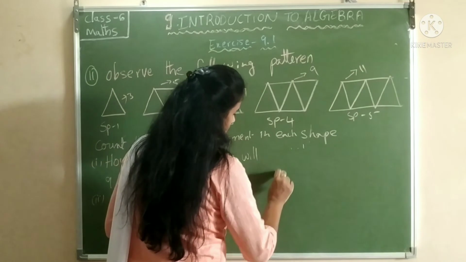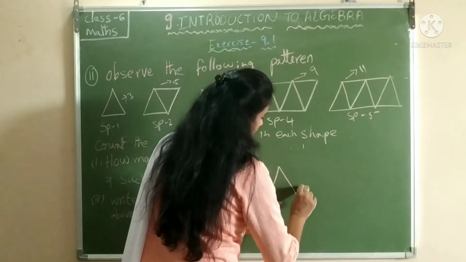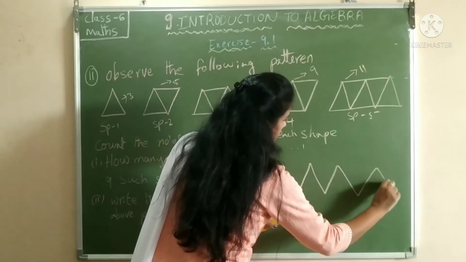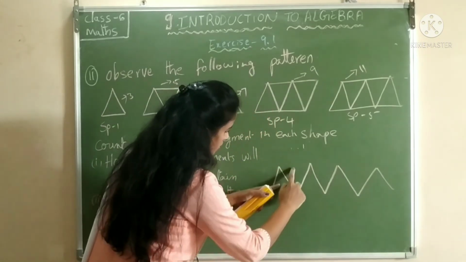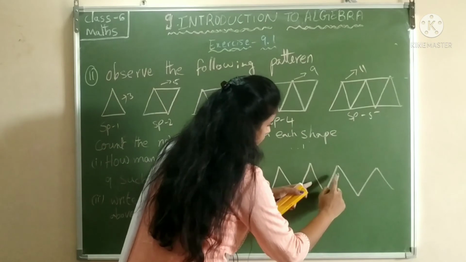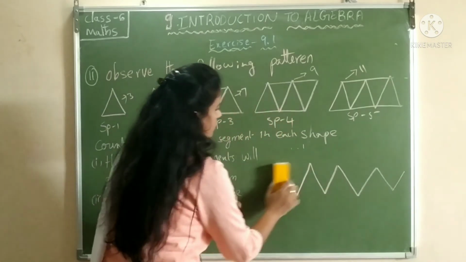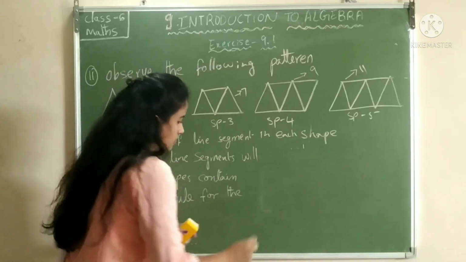First you draw 9 shapes. 1, 2, 3, 4, 5, 6. See how many shapes here? 1, 2, 3, 4, 5, 6, 7, 8. Draw 9 shapes. Okay.